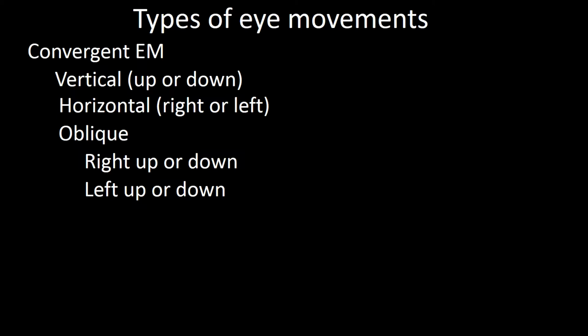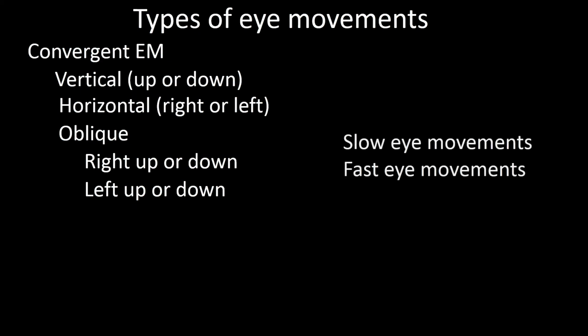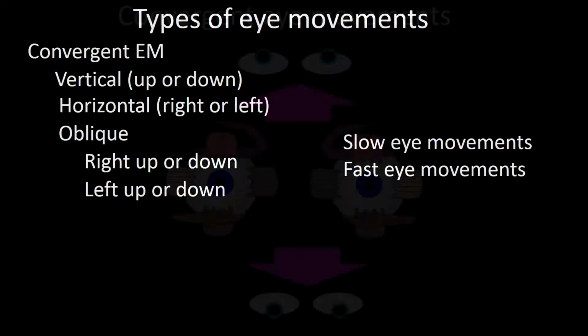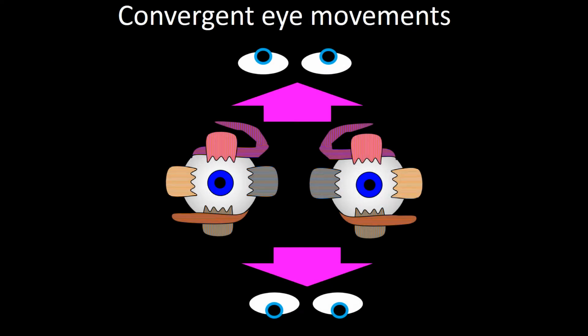Convergent eye movements can occur in many directions, as you can see in this frame. They can be slow or fast, and in each case produce an artifact that reflects the direction and the speed of eye movements. Direction of eye movement can be vertical, convergent vertical eye movements will bring the positivity of the cornea up or down.